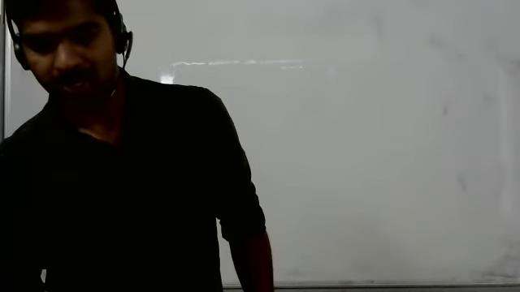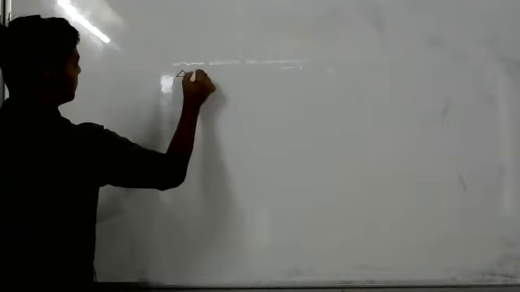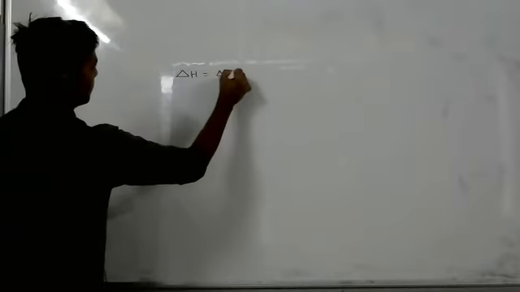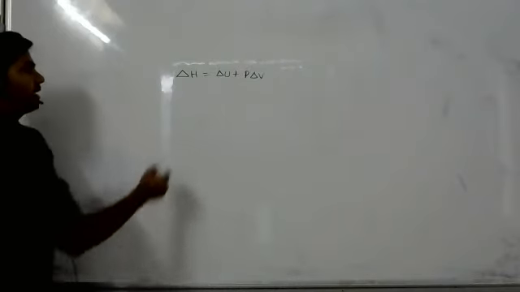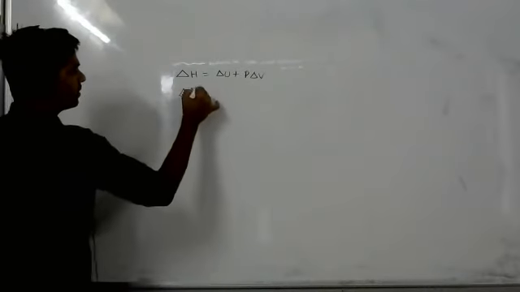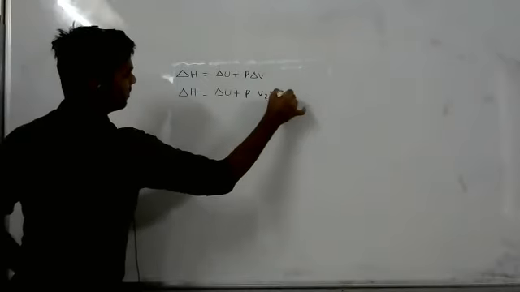First, we are writing the enthalpy change formula. We already derived delta H is equal to delta U plus P into delta V. Here delta V means V2 minus V1.